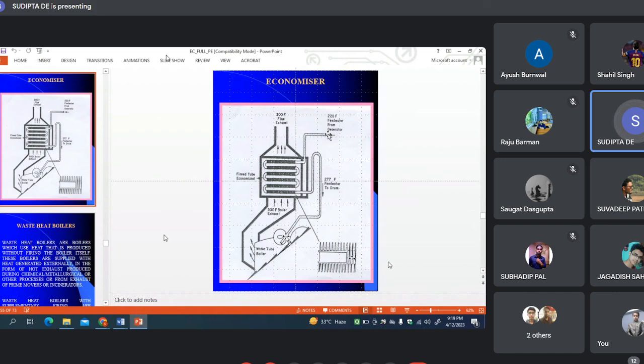Economizer design can be so wide. So my idea is basically to identify the equipments in waste heat recovery as some special few equipment, and then I will switch over to the waste heat recovery economics within the semester time available.